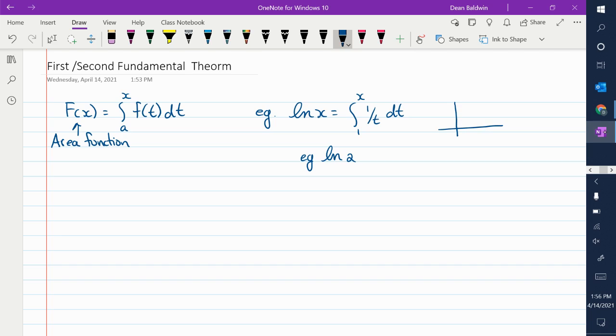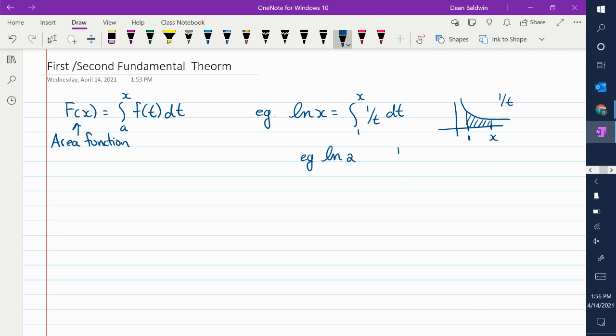So now you don't have to memorize this or anything. This is the graph of 1 over t. If I say that's 1, and that's x, that area represents natural log of x. So when somebody says, what is the natural log of 2?